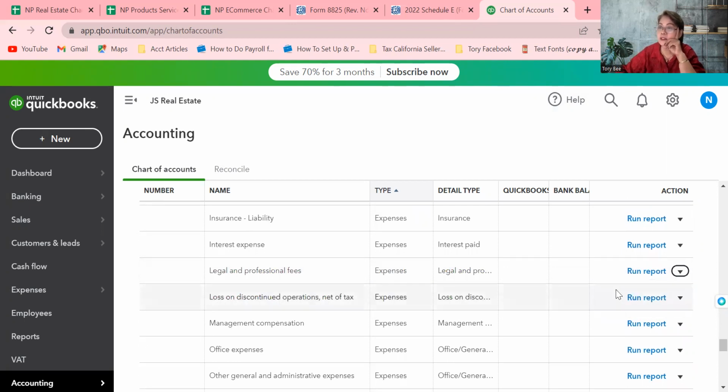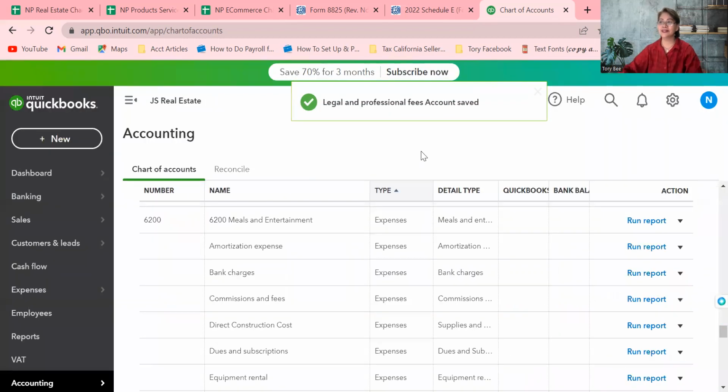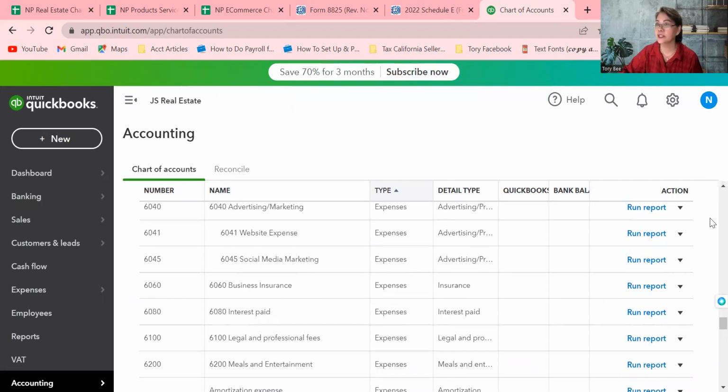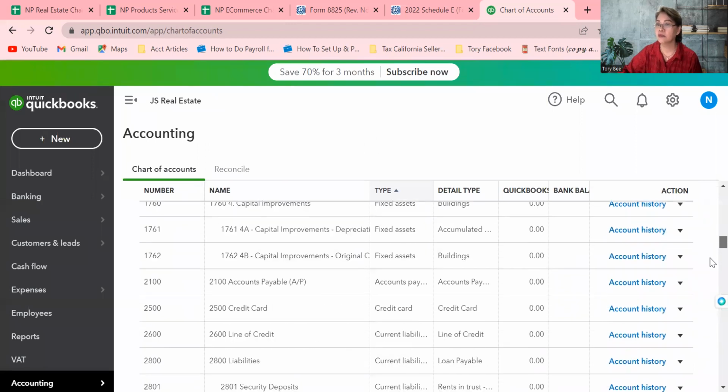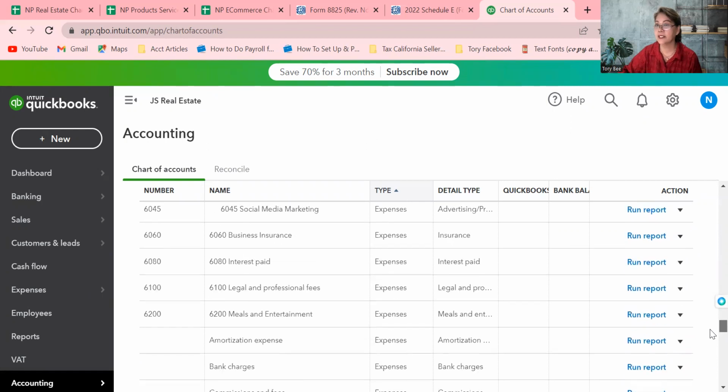Let's edit this. We got it. So the number is 6100. Save and close. Okay, we look for that account, we look for 6100, because we're gonna make the sub account here.